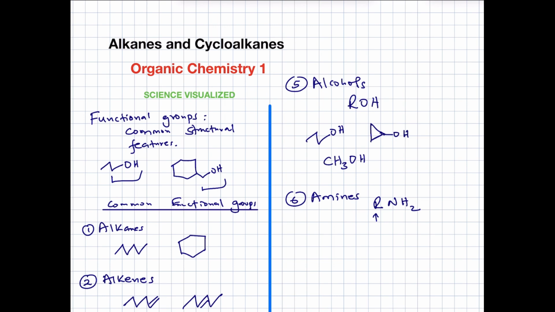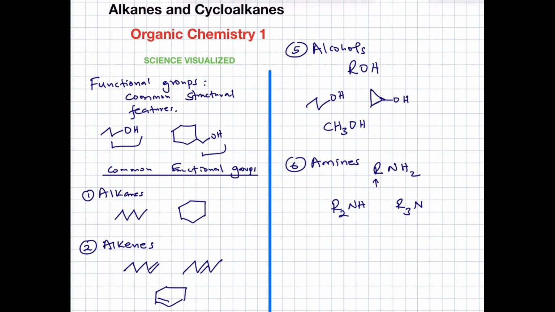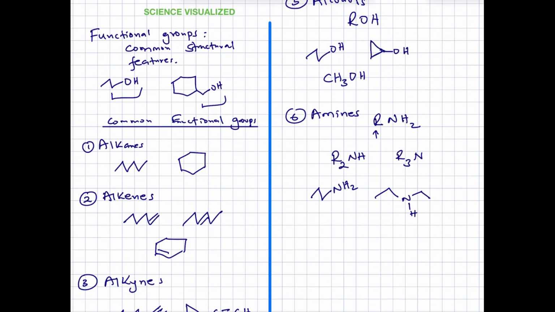But you could also have a secondary amine, so you have 2 alkyl groups, NH, or a tertiary amine, where now all the hydrogens have been replaced. So examples would be that for a primary amine. That would be a secondary amine. That would be a cyclic amine, and so on.